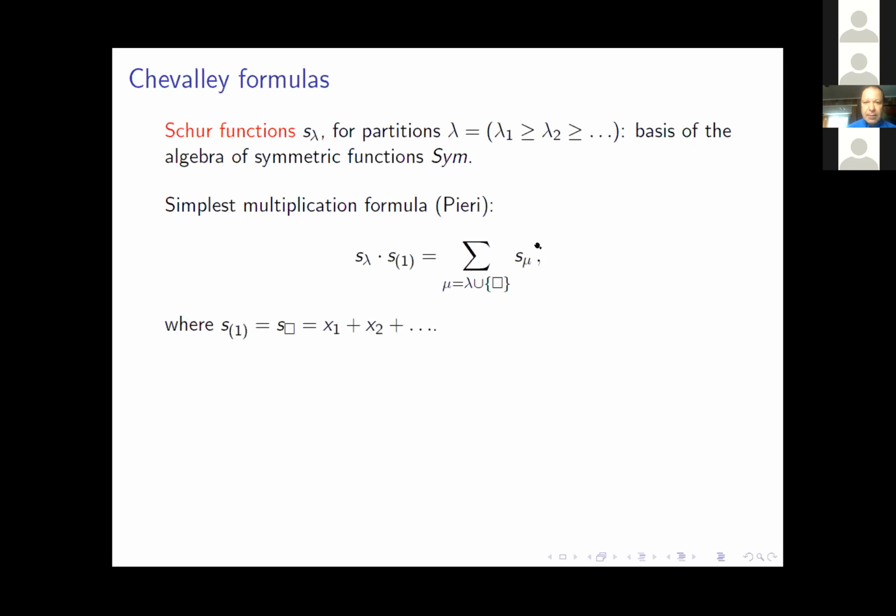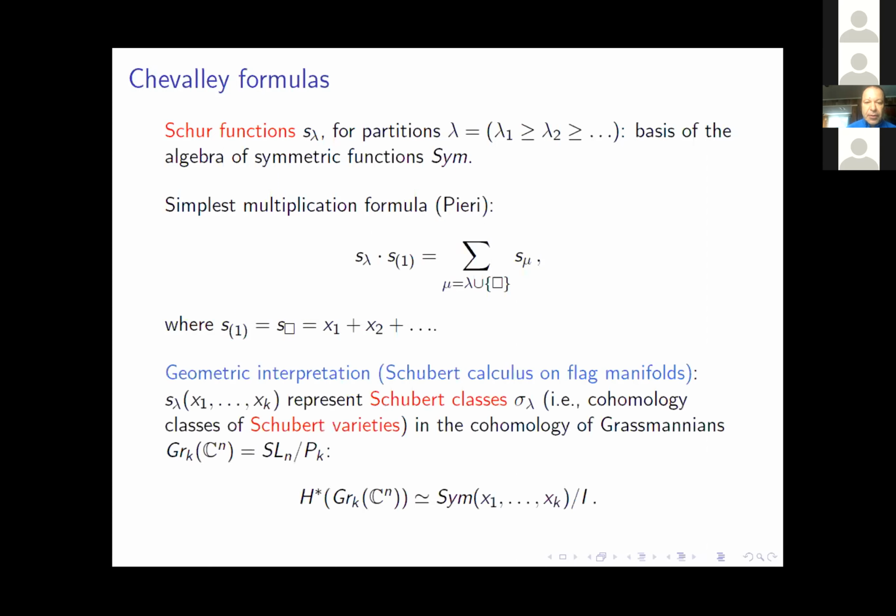And if you multiply a general Schur function with a Schur function indexed by the partition 1, 0, 0, 0, which just corresponds in the Young diagram to a single box, and this Schur function is just the sum x1 plus x2 plus so on, and you want to expand the product in the basis of Schur functions, then you will get all the Schur functions indexed by partitions obtained from lambda by adding a single box in such a way that you still get a partition, and all the coefficients are 1. So that's the base case for me in terms of a Chevalley formula.